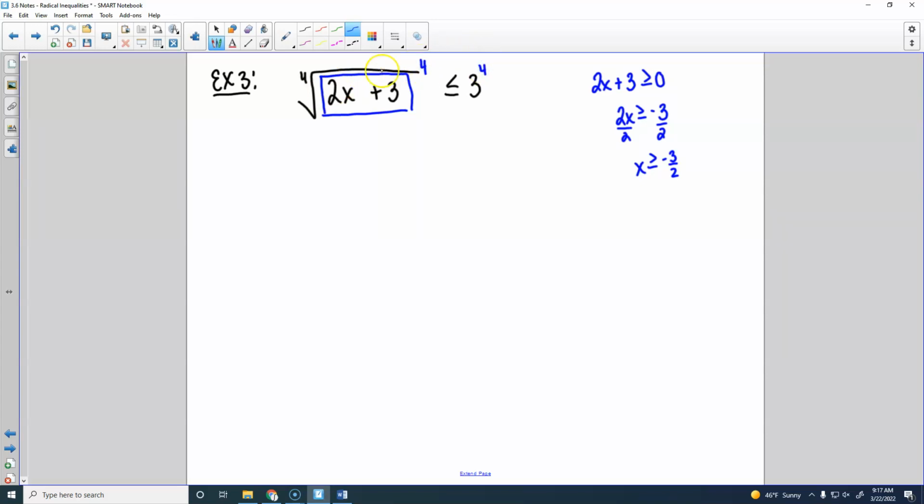To the fourth power. Very good. So we'll have 2x plus 3 is less than or equal to 3 to the fourth, which is 81 there. Blaine, what would come next? Good. So I think we get x is less than or equal to 39 there.